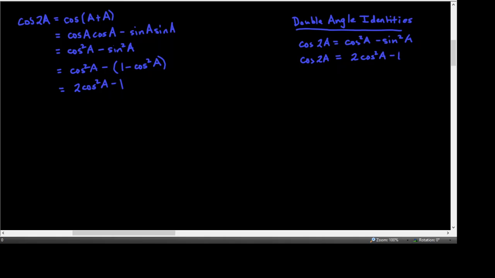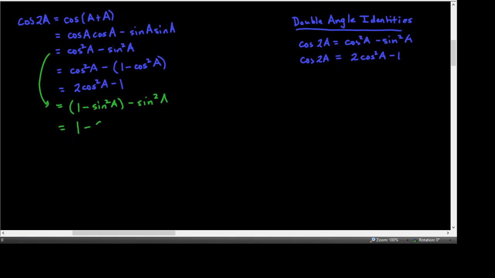Well, there's one other possibility. I could instead have replaced cosine squared A using the Pythagorean alternative form with 1 minus sine squared A, minus sine squared A. And now notice this is now written entirely in terms of sine of A. There is no cosine of A anymore.